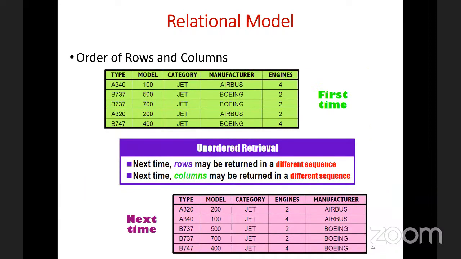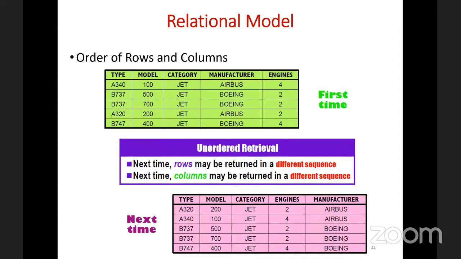Now, as I told you, the order of rows and columns is actually immaterial, right? So if you are doing unordered retrieval, you can create a table in whatever order you wish, and address it in whatever order, because as I told you, the physical location is not being changed. It is the index file which is being changed, right?